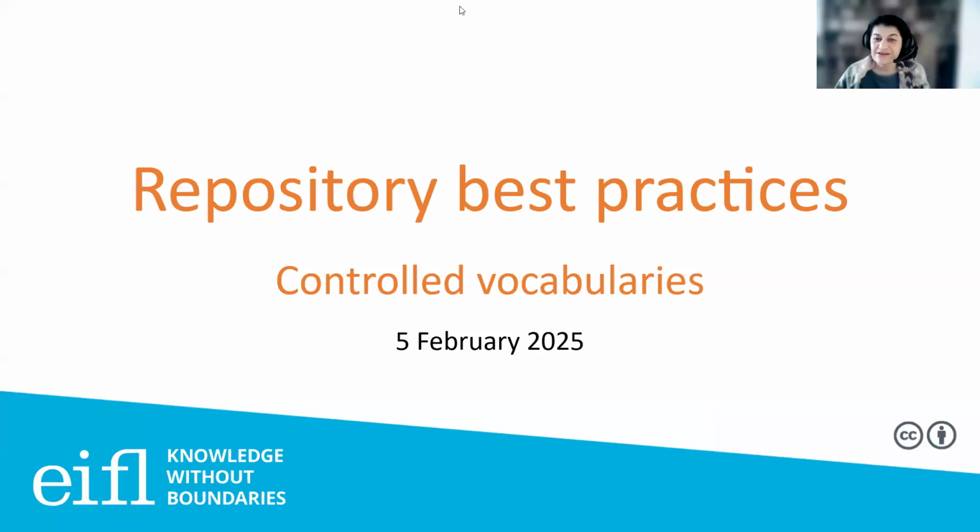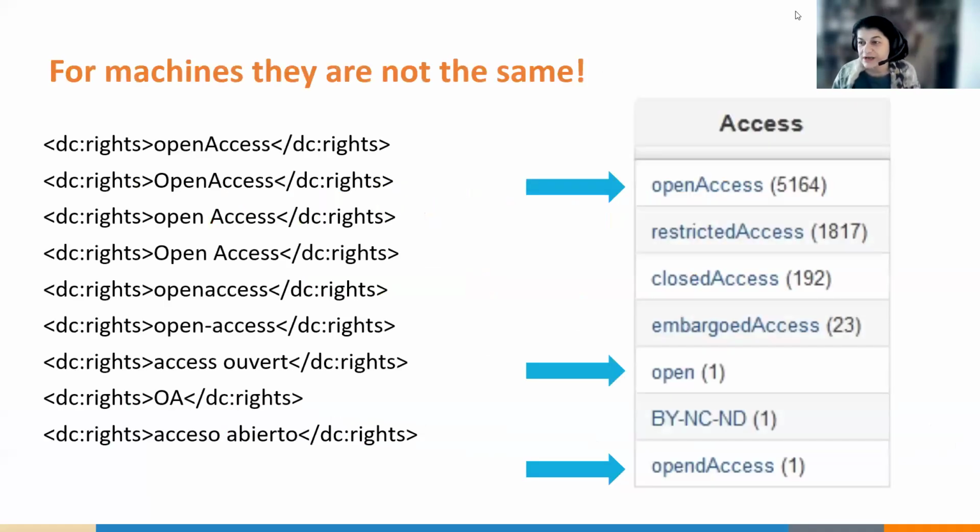Let me unmute myself first. So yes, this is a good switch. And when I talk to librarians and we mention controlled vocabularies, librarians usually mean subject controlled vocabularies, those you use to normalize keywords, etc. But I won't be talking about this because I'm not an expert on this topic.